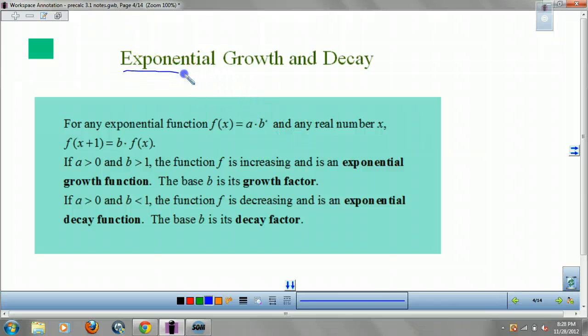Okay, exponential growth and decay. Here's the Mr. T noteworthy version.